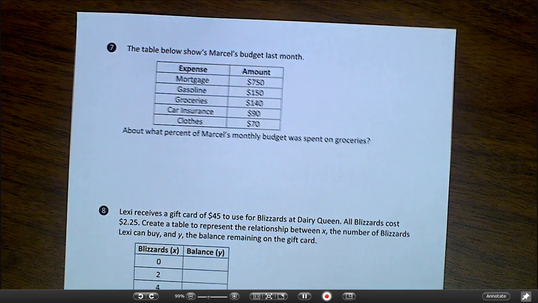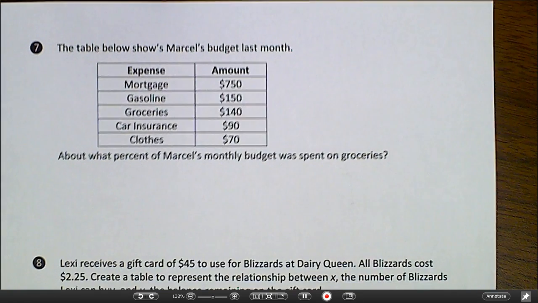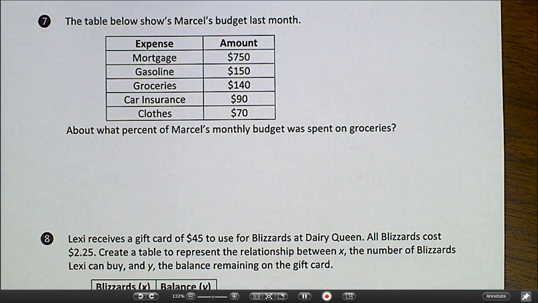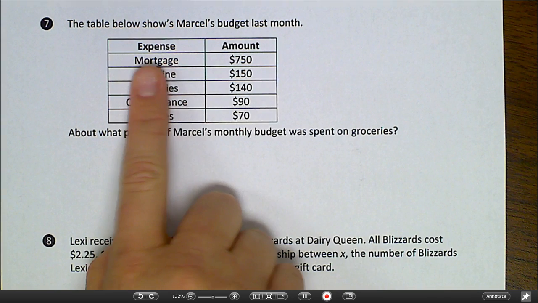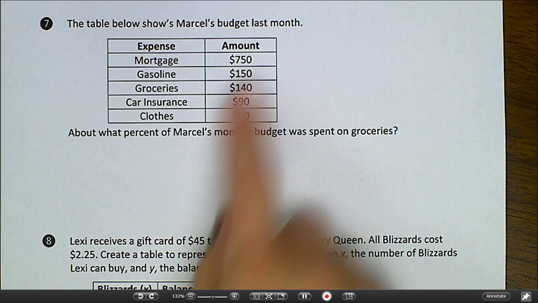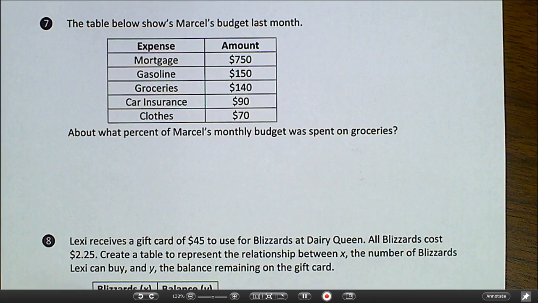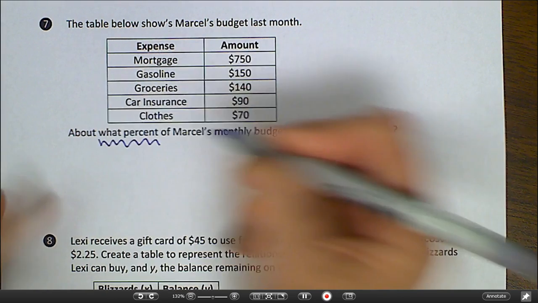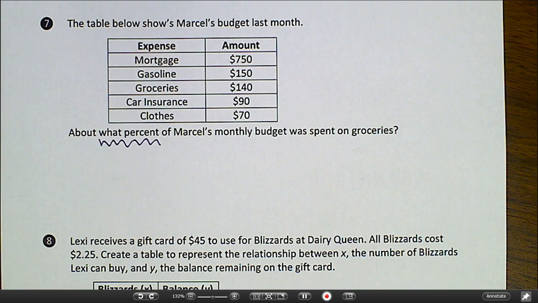Okay, so now let's look at number 7. Zoom in here just a little bit. Okay, the table below shows Marcel's budget last month. So we see what she bought, what she paid for, how much she spent on each category. About what percent, I'm going to go ahead and underline this because I know that's going to be important. What percent of Marcel's monthly budget was spent on groceries?